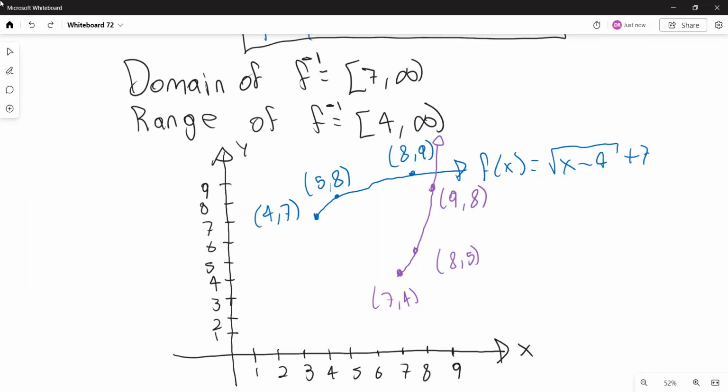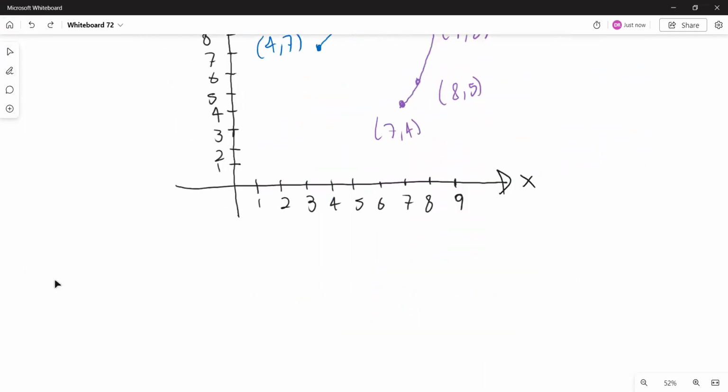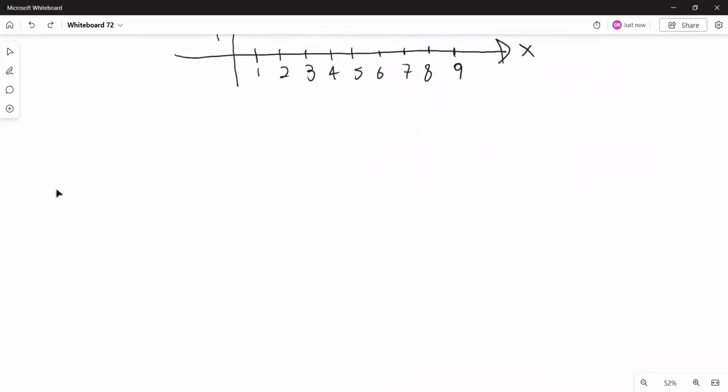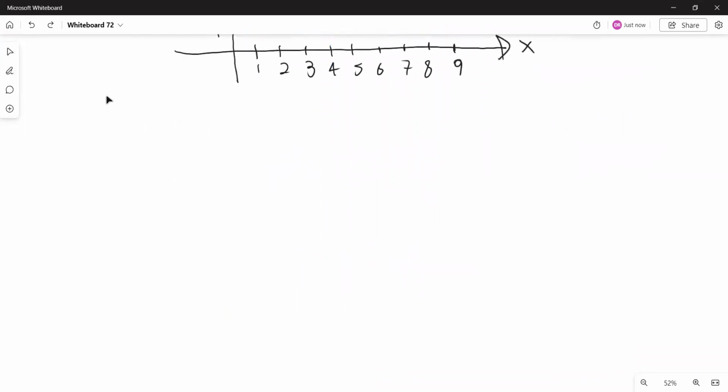Okay, and the last example is going to be how to find the equation of the inverse of a rational function.